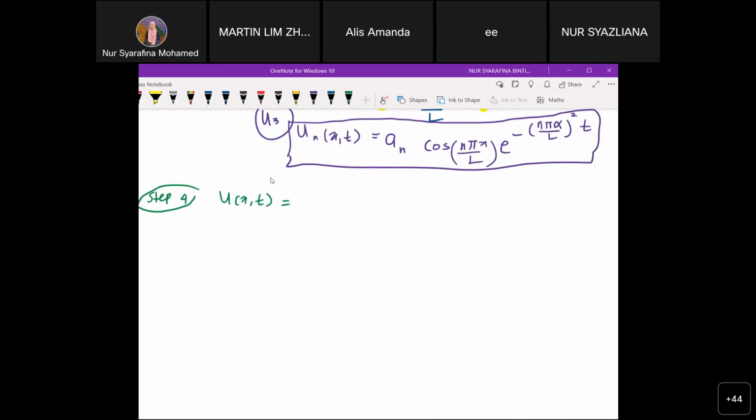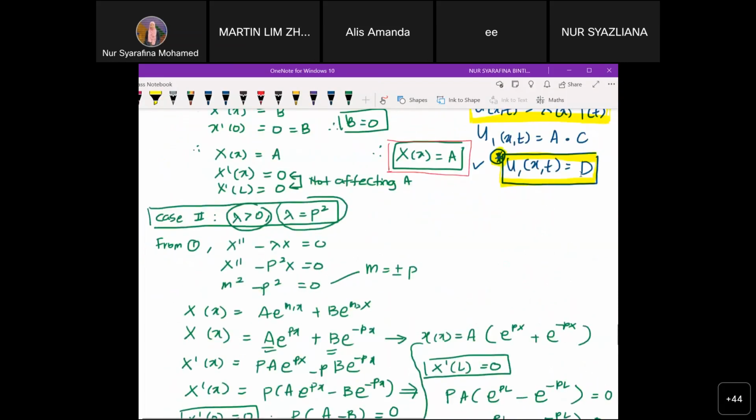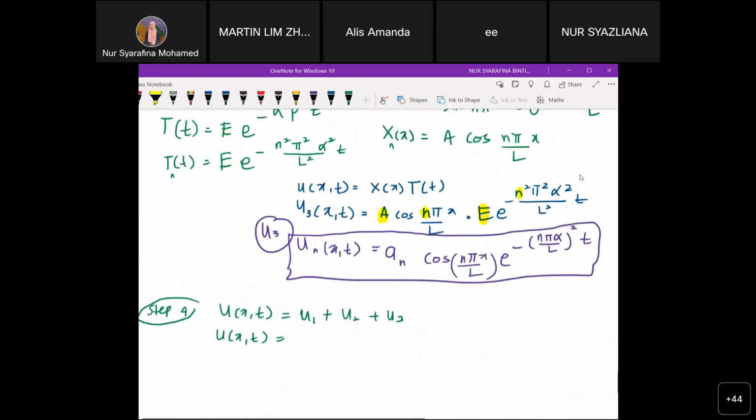Your u(x,t) equals u1 plus u2 plus u3. u(x,t) equals u1, which is D. So D. u2 is 0.